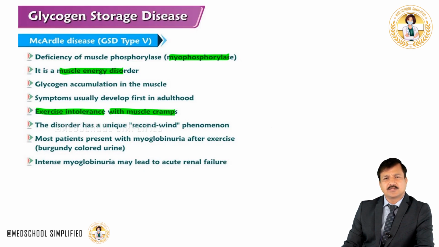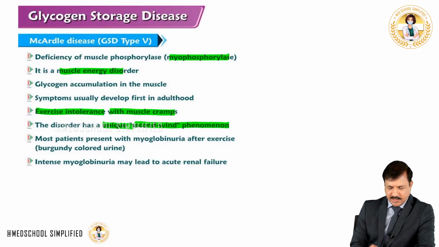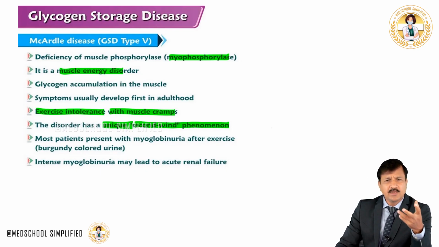And one of the things that you see in McArdle's disease is something called the second wind phenomenon. This is unique to McArdle's disease, where a person becomes fatigued and also gets muscle cramps when exercising, right?